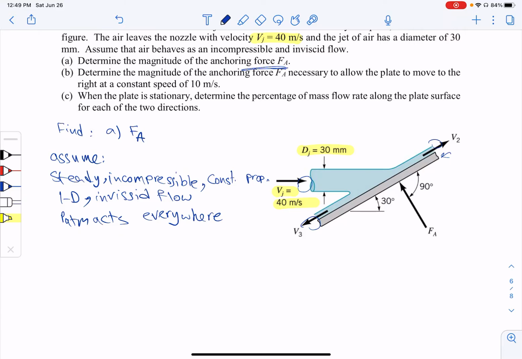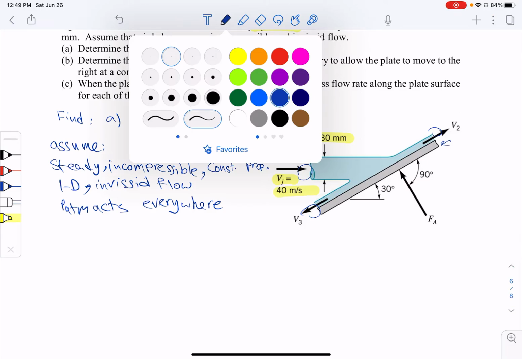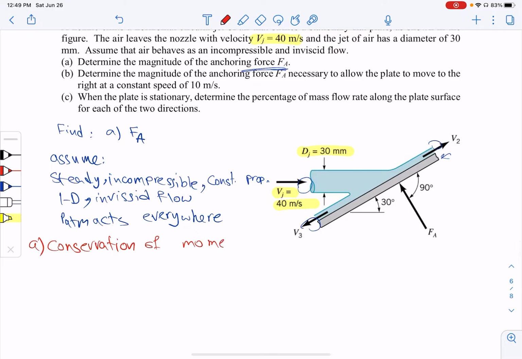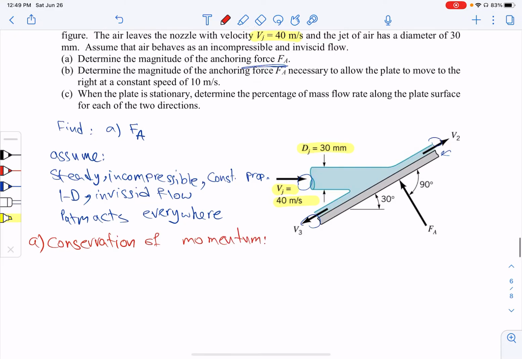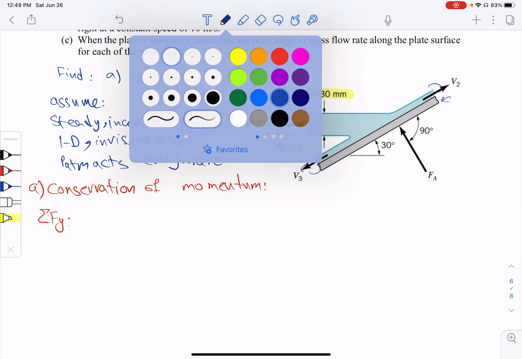momentum. Now, if I write down the conservation of momentum, so this is part A, right? I'm not going to write down the complete formula, so you know how to simplify that.